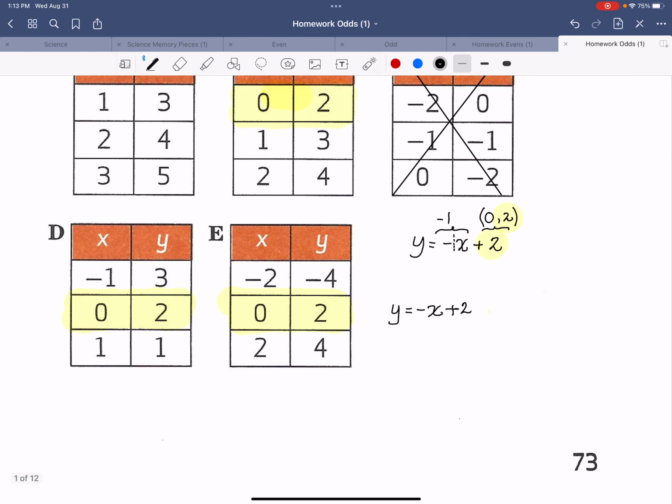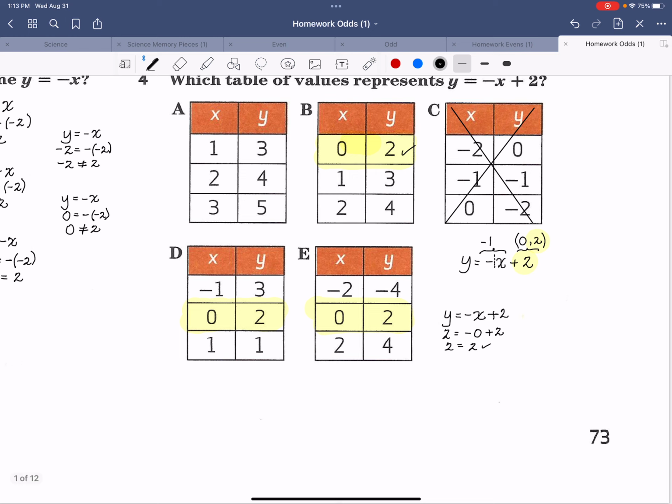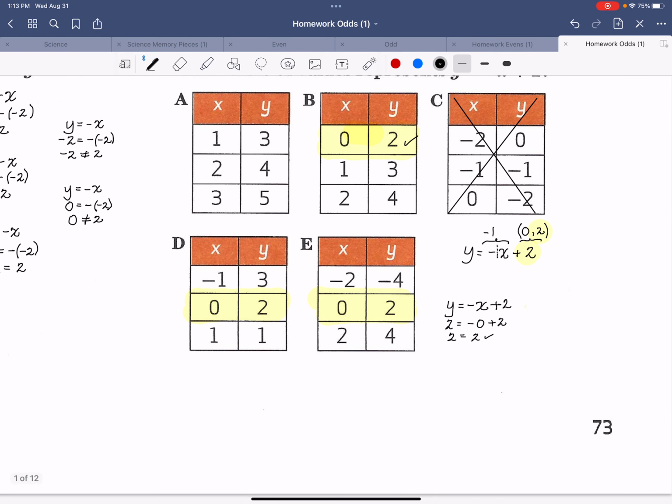Okay, in B, we have 2 equals negative 0 plus 2. We know that's one of the points. 2 equals 2. That one checks out, so let's just put a check mark by that one. Okay, let's check the second one, where y is negative x plus 2.